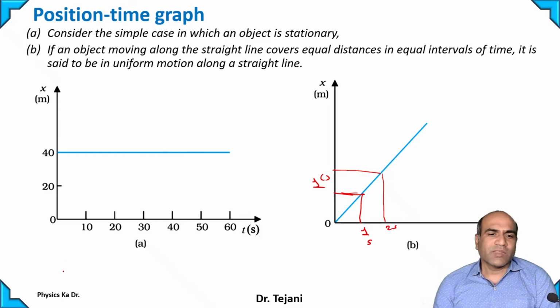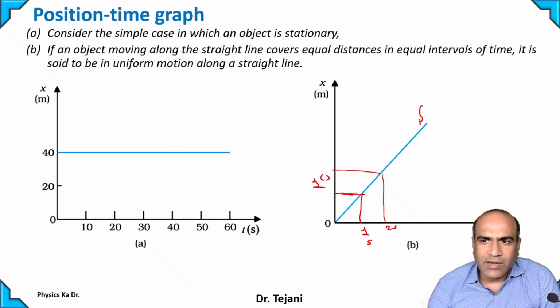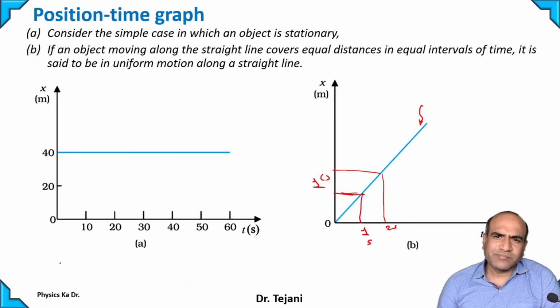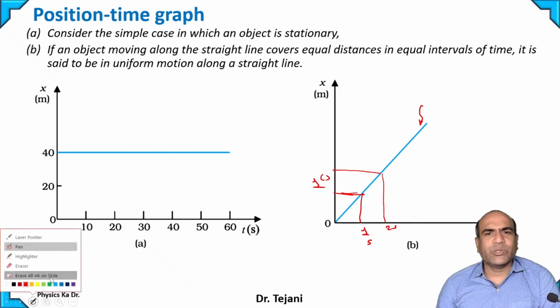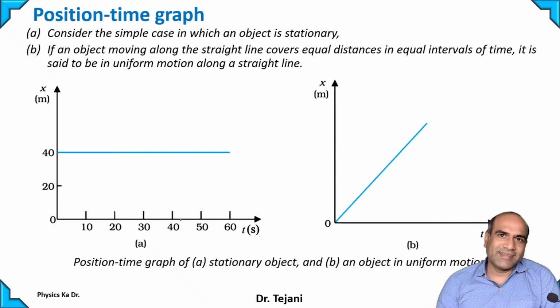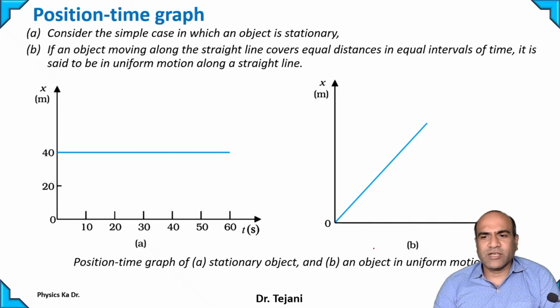So it gives us an inclined line, but it is again a straight line, and this gives us uniform motion along the straight line. Very simple. So this is just a simple position-time graph representation. First is for a stationary object which is not moving, and second is for an object which is moving with uniform motion.